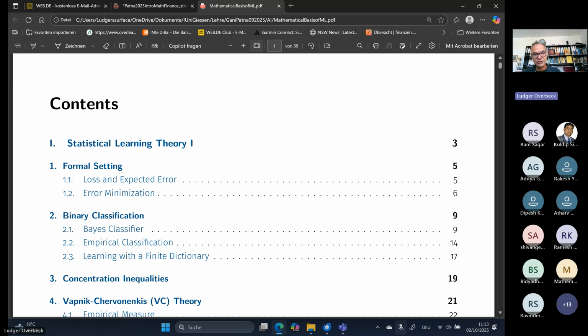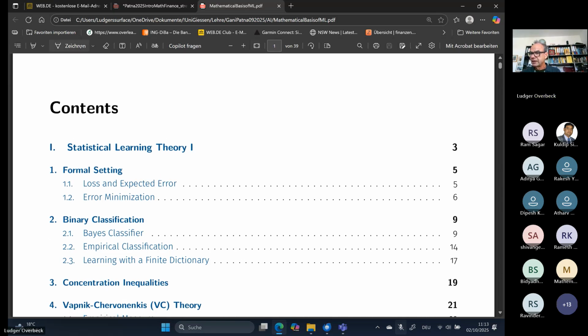That's error minimization. If this were a real lecture, it would be done in full detail for binary classification. What people mainly look at, of course, is empirical classification. This means you don't have distributions, you only have data, but this basically means you apply this theory to the empirical distribution.